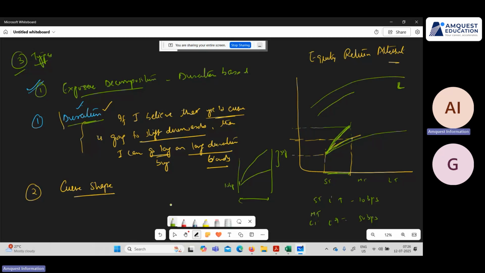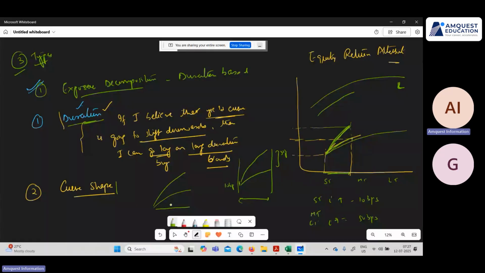On the curve shaping, they say that I'm not really playing around the duration, but I'm saying for whatever duration bond that I can see, if the interest rate changes for short-term and medium-term bonds differently, basically the idea is that the movement is not parallel. And then I can also say that it could be flattening as well. Steepening is one of the ways. Flattening is another way. So this was original. So either it could go this way, which is steepening, or it could go this way, which is flattening. Ultimately, it is playing with the shape.